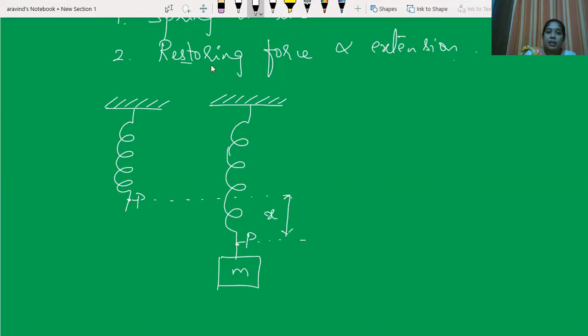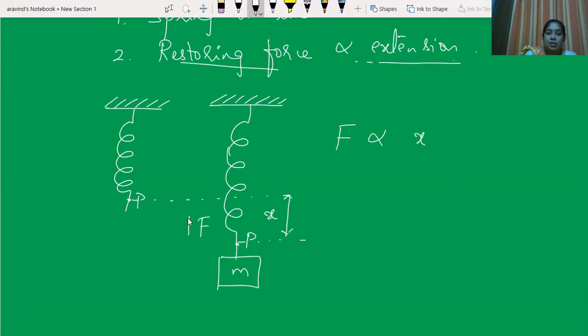We know that the restoring force is proportional to extension in the case of the spring. So I can say restoring force is proportional to extension. What is the direction of restoring force in this case?